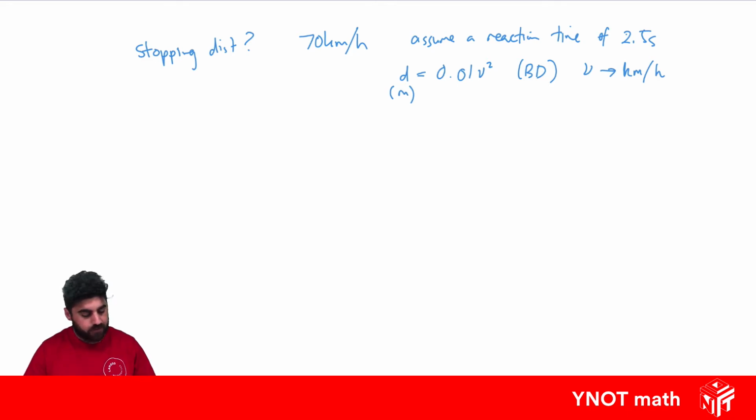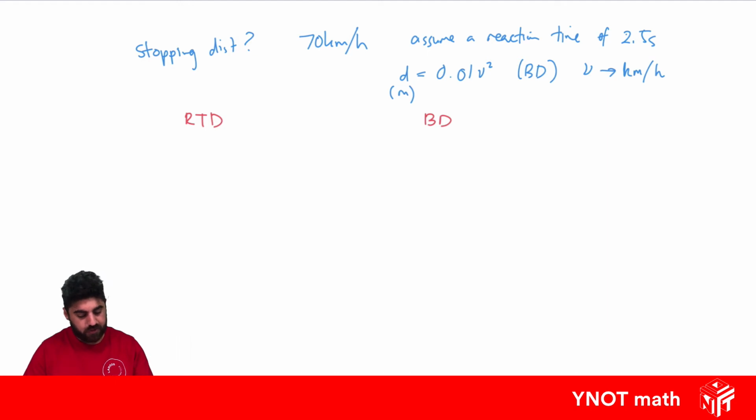So we need to consider two distances when we do this: our reaction time distance and our braking distance. So reaction time distance is just the car traveling at full speed while you're reacting. So if we're reacting for 2.5 seconds, that means we're going to be traveling at 70 kilometers an hour for those 2.5 seconds. And we need to figure out the distance we travel in those 2.5 seconds.